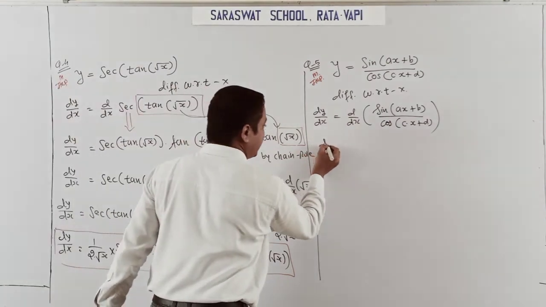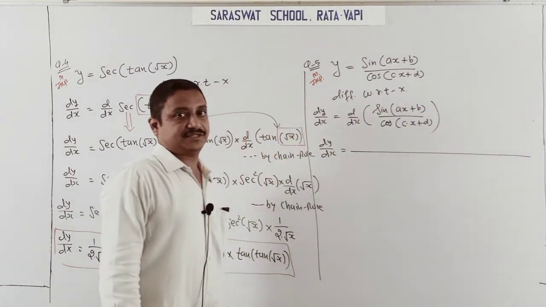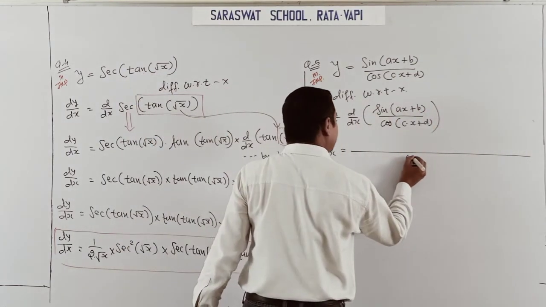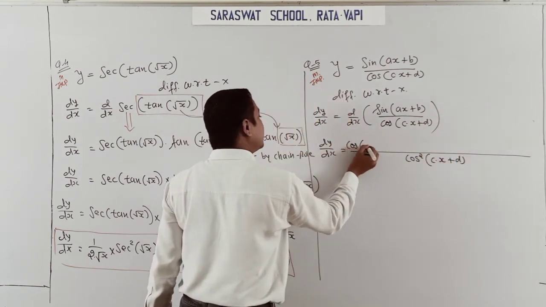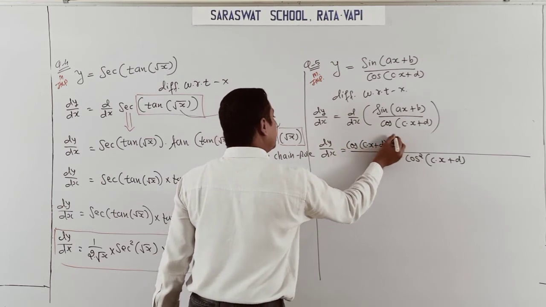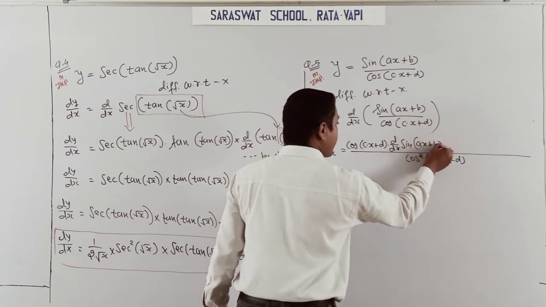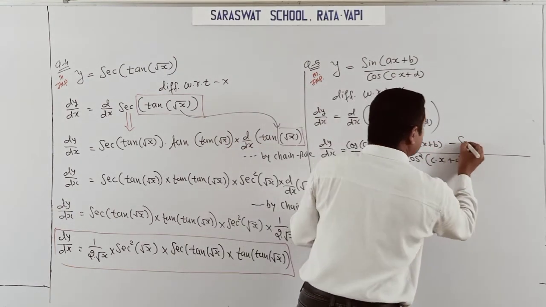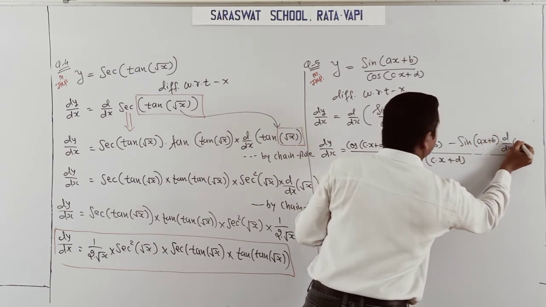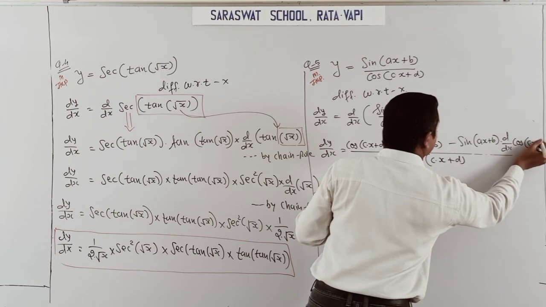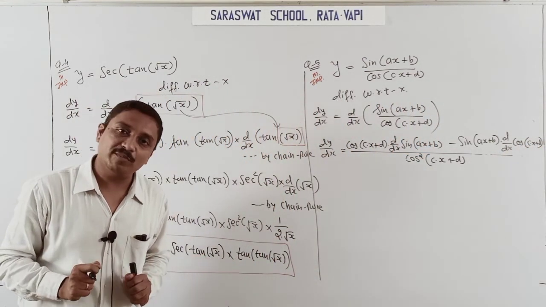So dy by dx is the same, and here apply the division rule, the u by v rule: denominator square in the denominator, then denominator into d/dx of numerator, minus numerator into d/dx of denominator. That I know from the division rule, the u by v property.